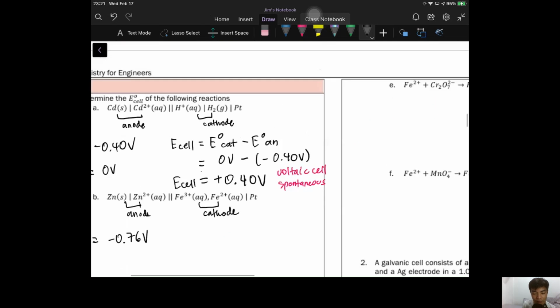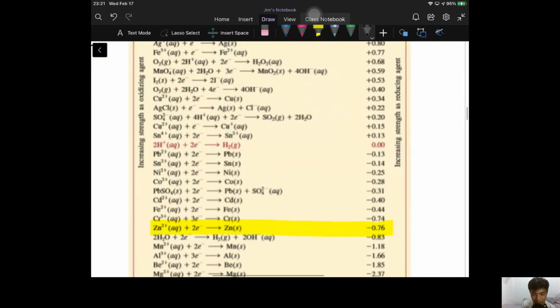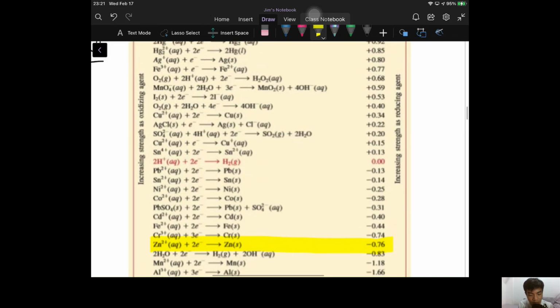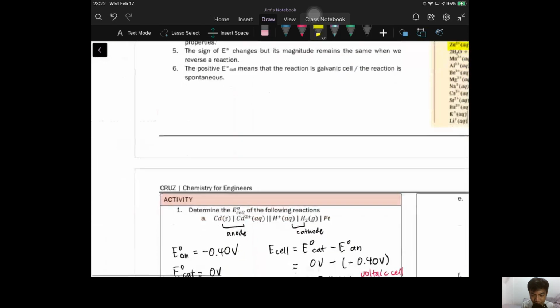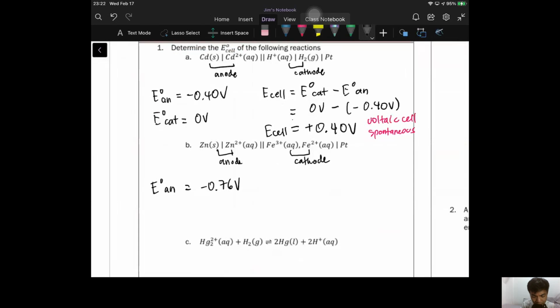So, yung Fe3+, Fe2+. Hanapin natin. Be careful ha. Kailangan Fe3+, Fe2+ yung makita natin dito. So, ito, Fe3+, Fe2+. Ayan, so that is 0.77 volts positive. So, E naught cathode, 0.77 volts. So, to solve for the total voltage of the cell, that's E naught cathode minus E naught anode.